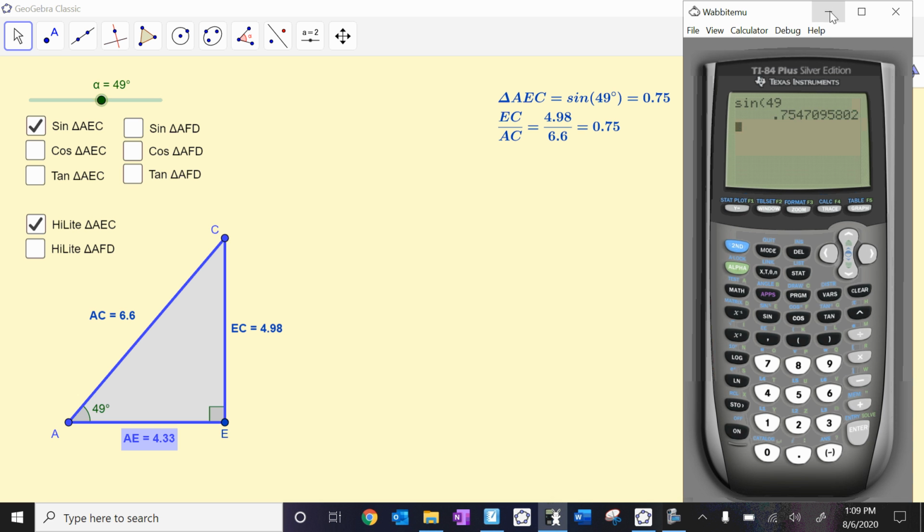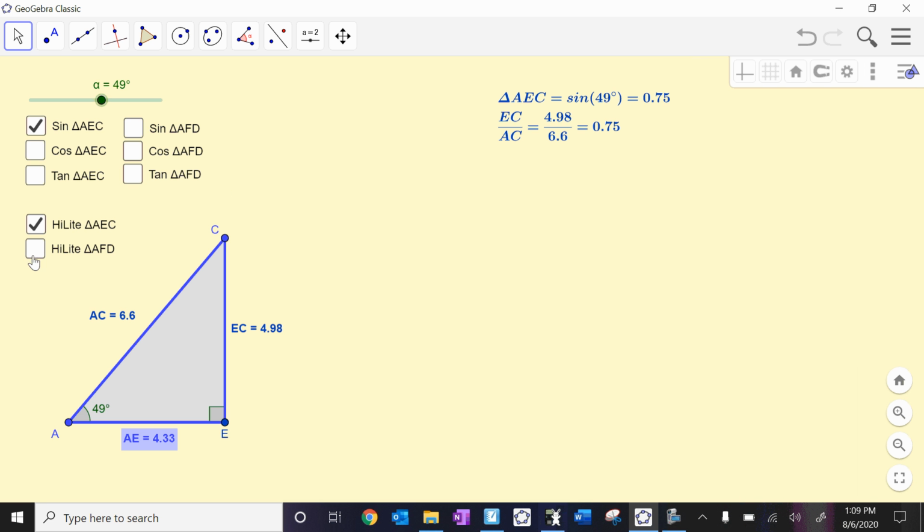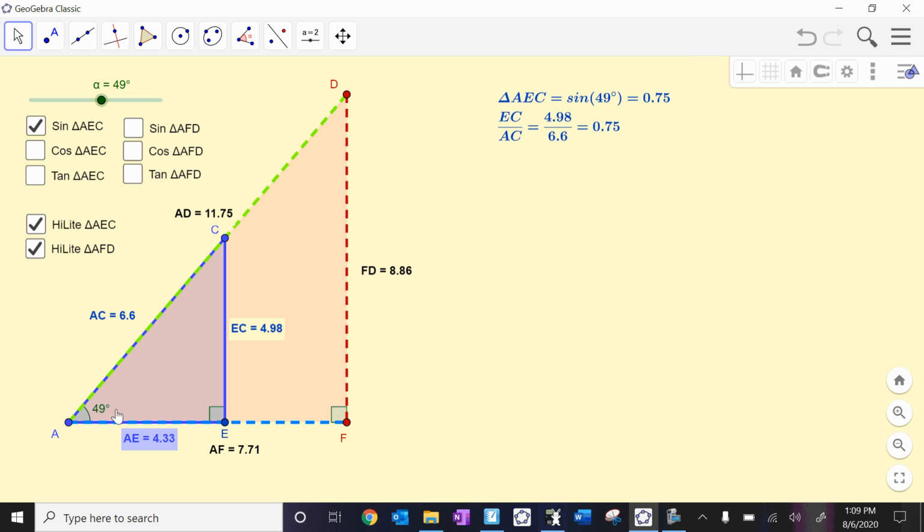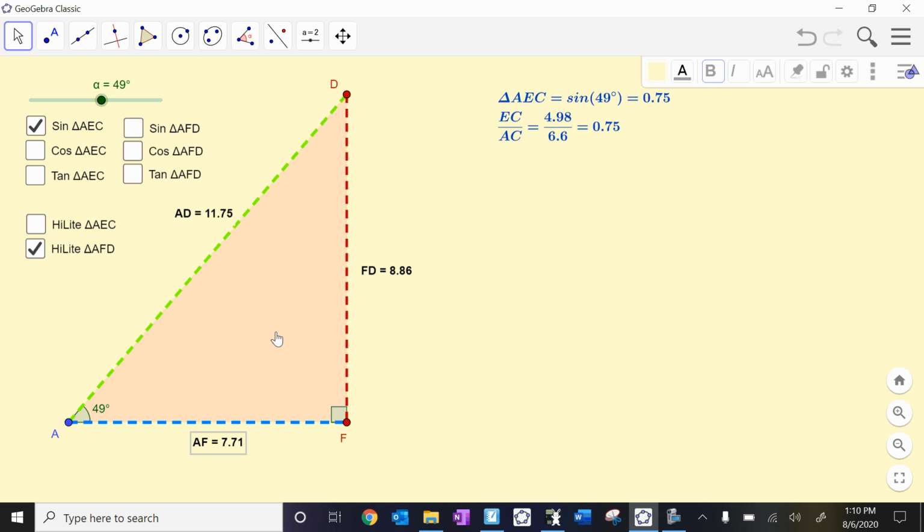Now, the even cooler part is if I give you another triangle, here's another one. These two triangles are similar. This original blue one and now this red one, these are similar triangles. We could prove that by angle: one angle measure of 49 and another angle measure of 90 degrees. These have to be similar triangles by angle. If I do the same thing, I'm going to get rid of that blue one for a second. If I focus on sine again, within this red triangle now, opposite over hypotenuse, I should get the same decimal answer, and I do.